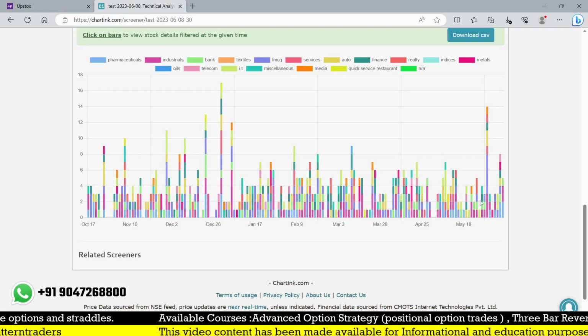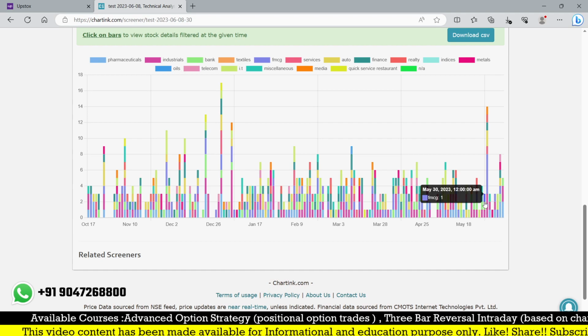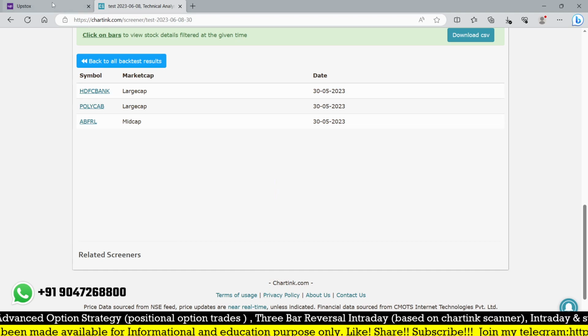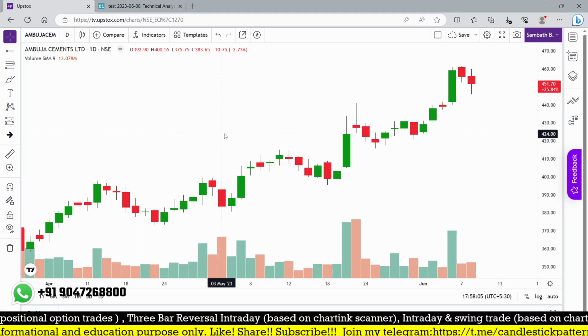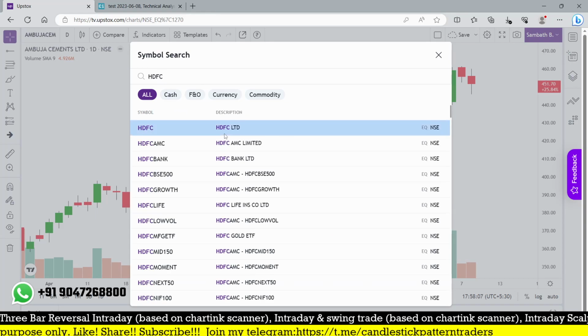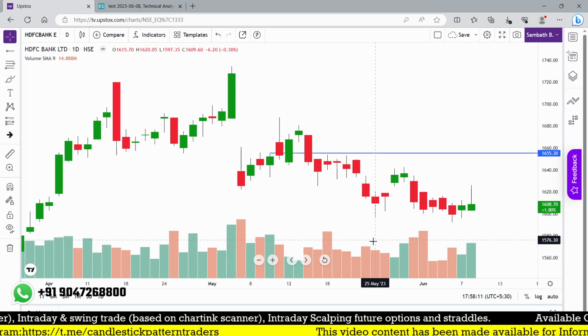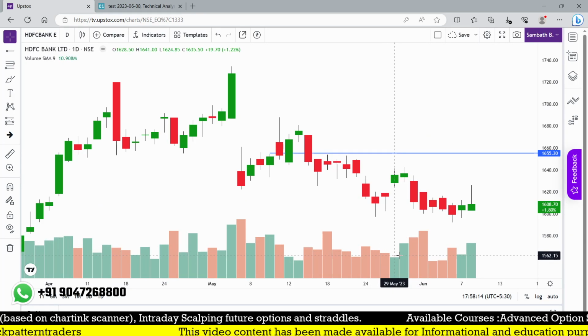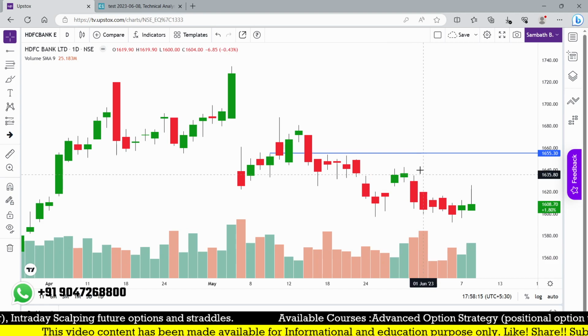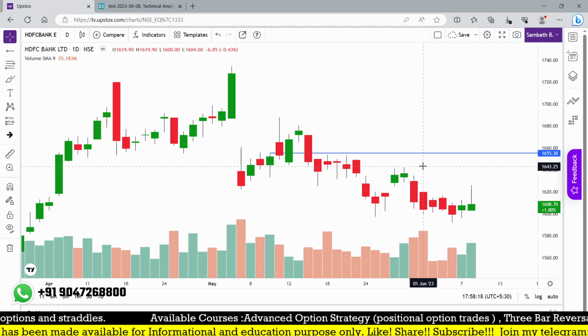And back to the previous day, 30th of this month, and that is last month, HDFC Bank, Polycab, ABFR. Whether it is working or not, HDFC Bank, and maybe 1, 2, 3 consecutive down. So here is the day, but the next day it doesn't move over and above that point.